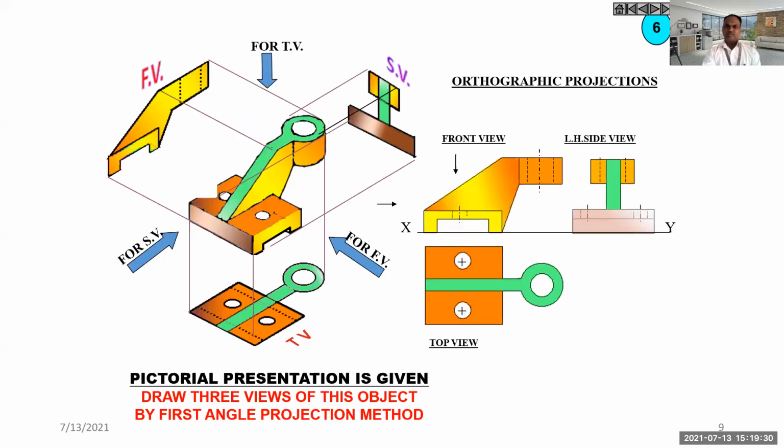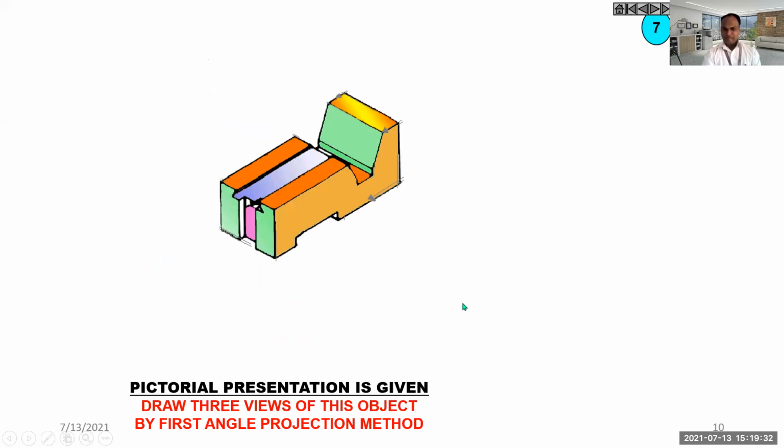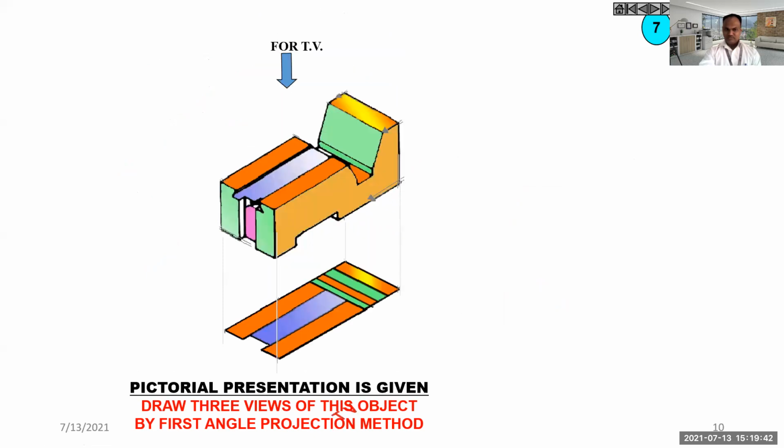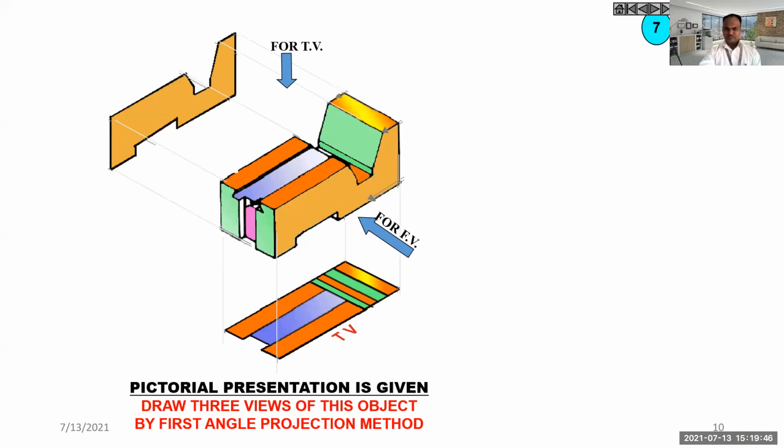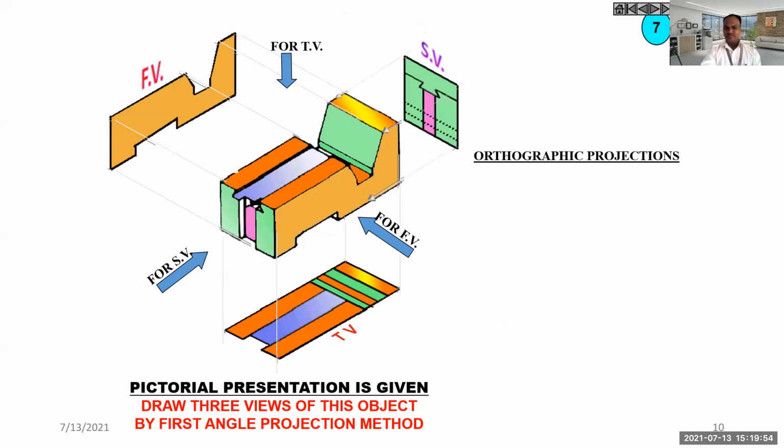Then the seventh example. This will be your visible part. This will be invisible part. So that will be shown in dotted lines. They have changed the sequence, but same. This front view, top view, and side view with dotted lines.